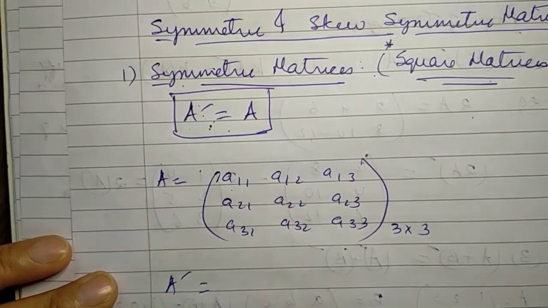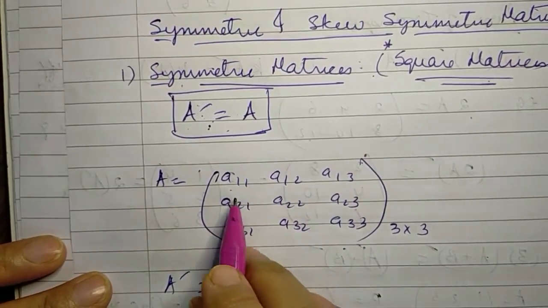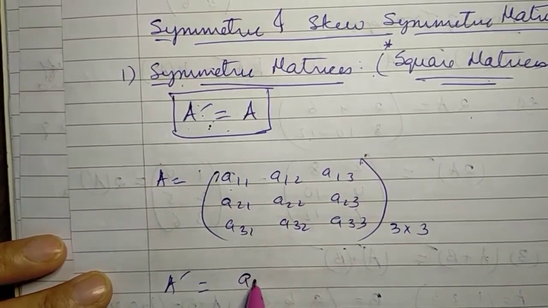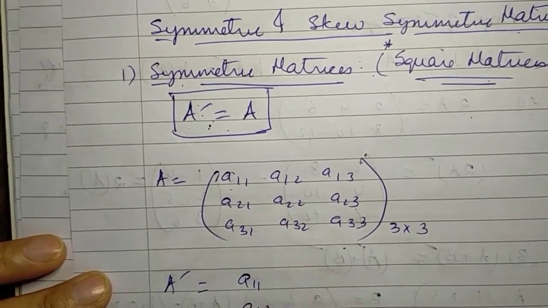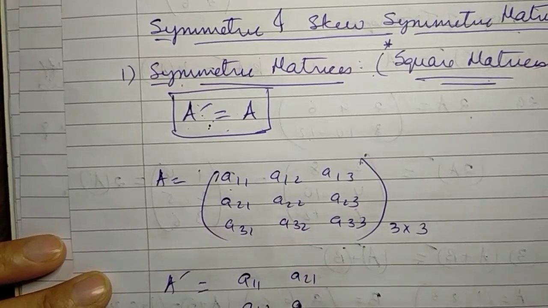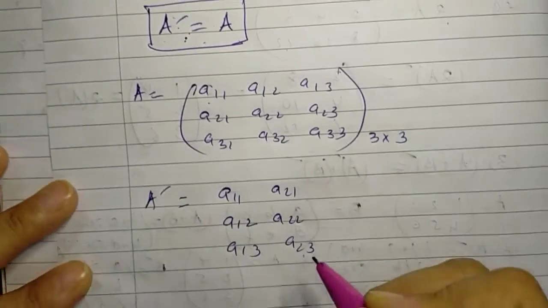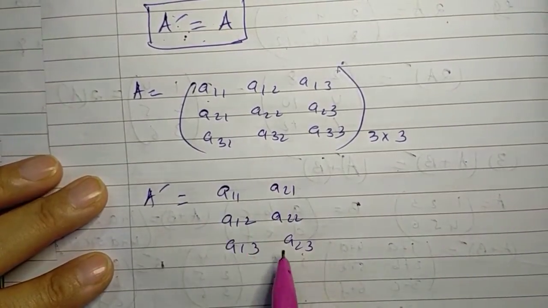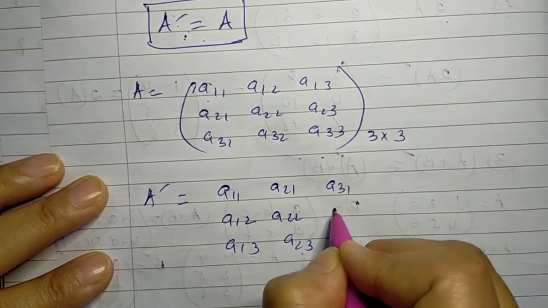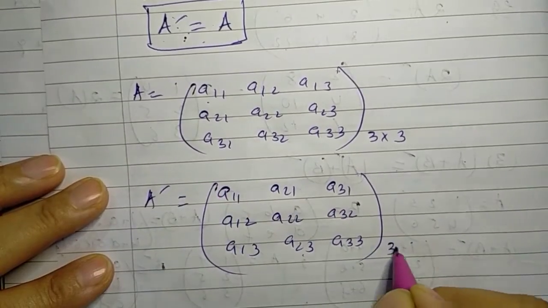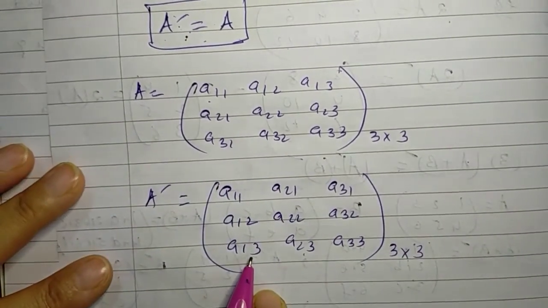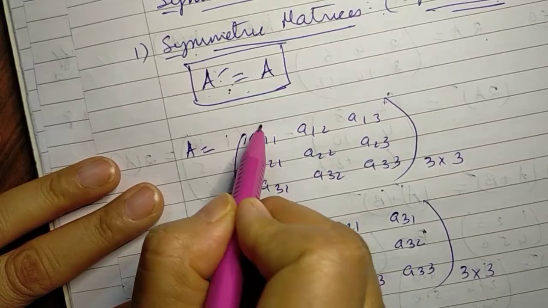It's again a 3 by 3 matrix. The first row becomes the first column, A11, A12, A13. The second row becomes the second column, A21, A22, A23. And the third row becomes the third column, which is A31, A32, A33. If you compare these two, what do you observe?